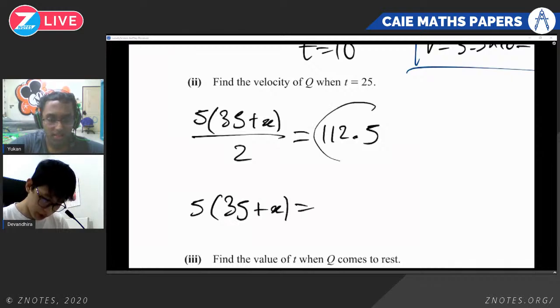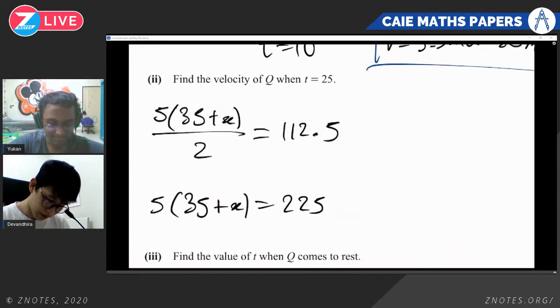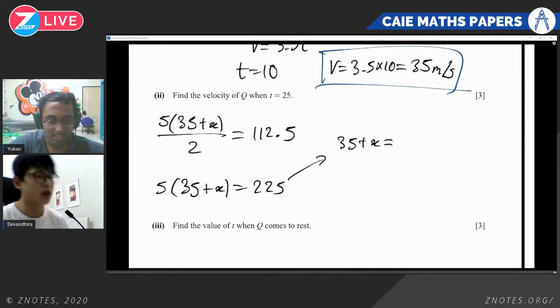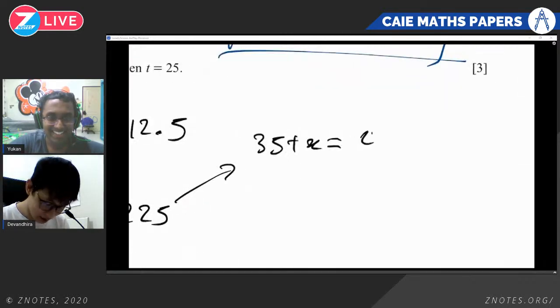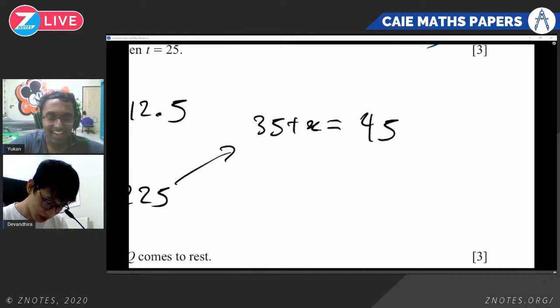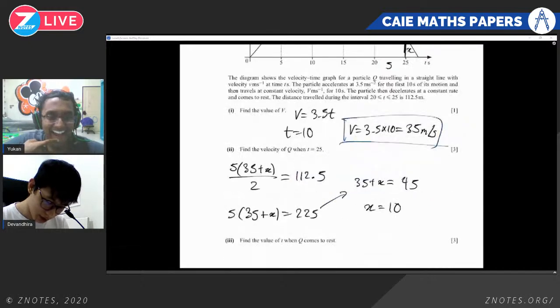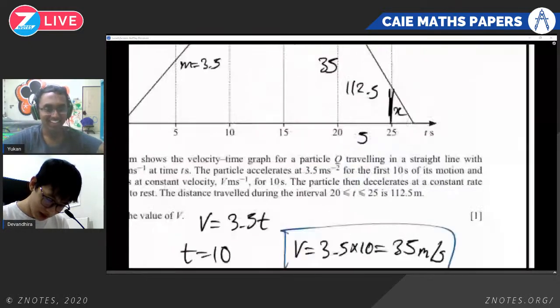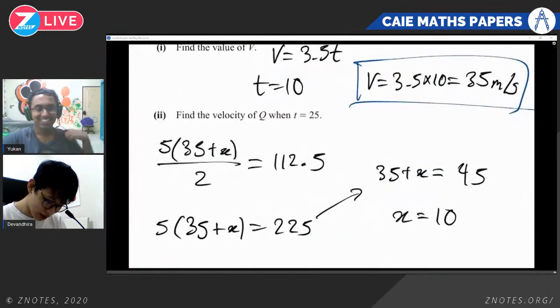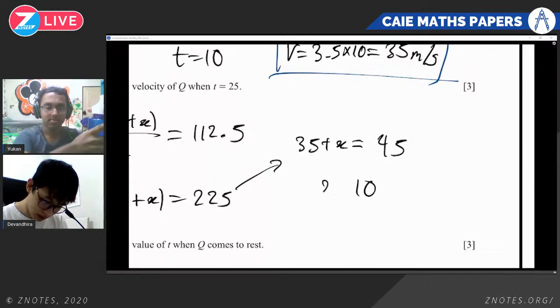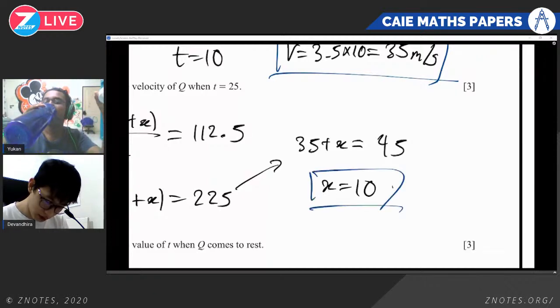That's 225. Divide by 5. That's 45. So x is 10. That means our height is just 10, so the velocity is just 10. You can put meter per second if you want.